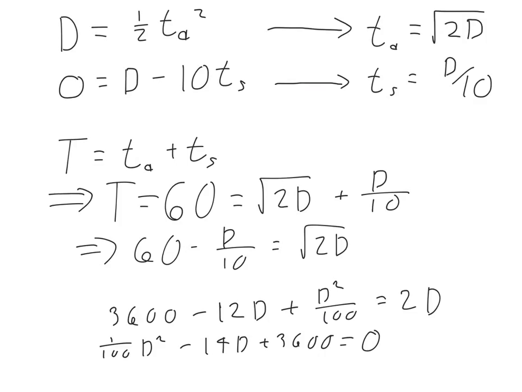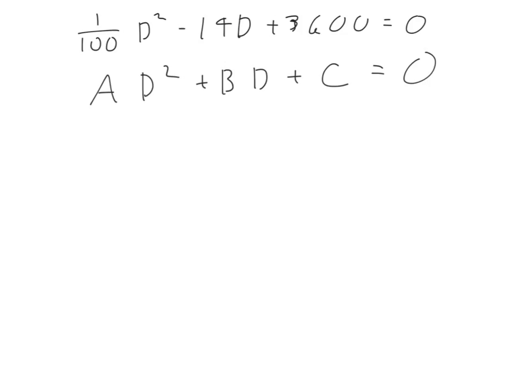So I need to plug this now into the quadratic equation. For review, in case you have not been familiar with the quadratic equation in a while, it's when you have it in this sort of form where d is your variable, so you have some constant in front of the squared term, another constant in front of the linear term, and then some remaining constant that isn't combined with the term you're solving for.